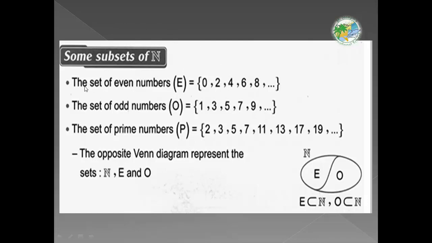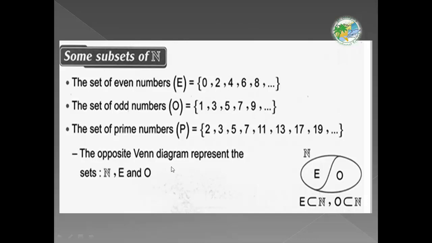The set of even numbers is 0, 2, 4, 6, 8. The set of odd numbers is 1, 3, 5, 7, 9. The set of prime numbers is 2, 3, 5, 7, 11, 13, 17. All these sets are infinite sets.